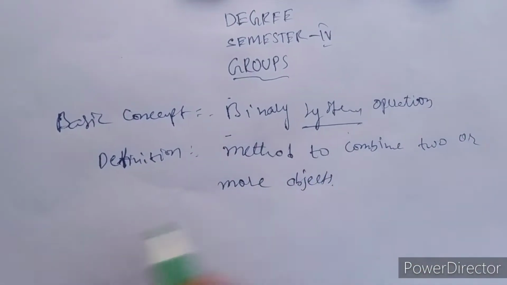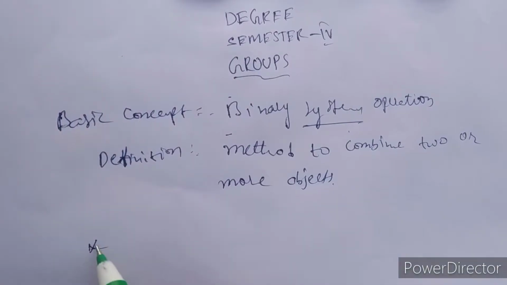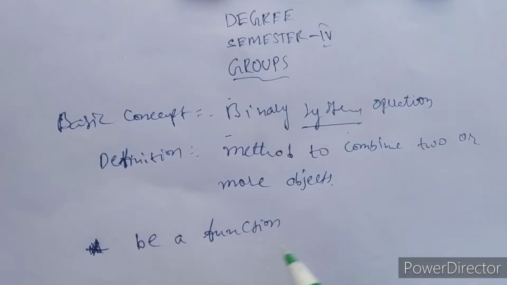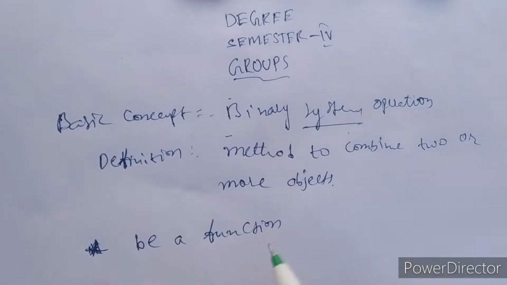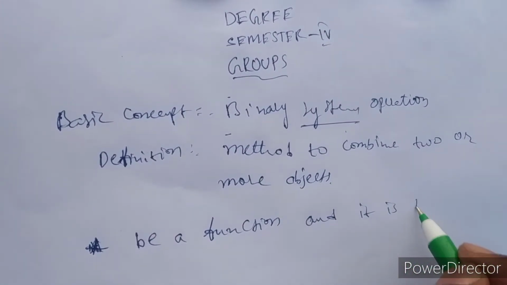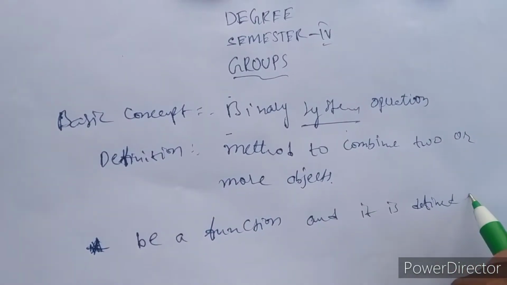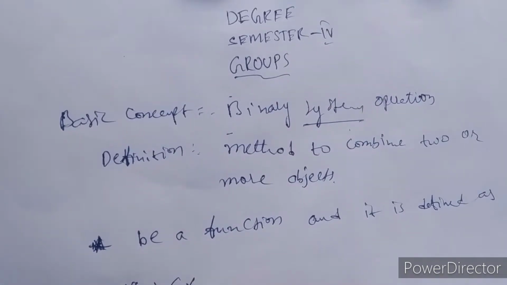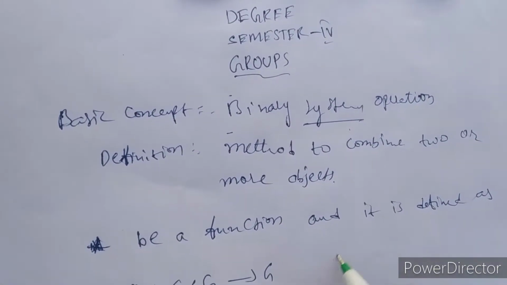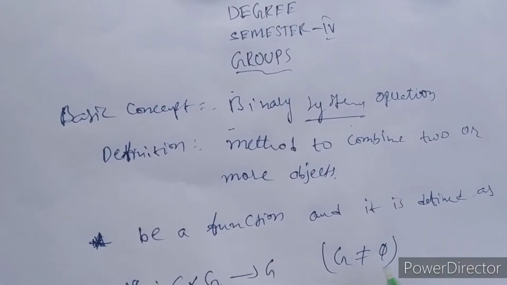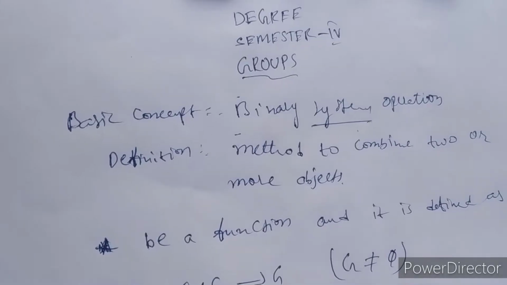Let us take star to be a function, any function, defined as star from G cross G to G, and G is not equal to phi. That means it is not an empty set, it is a non-empty set.